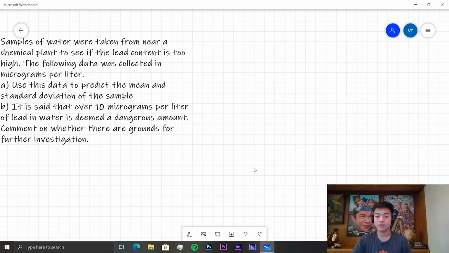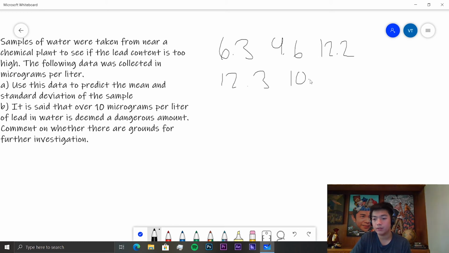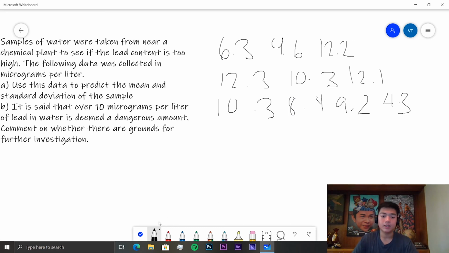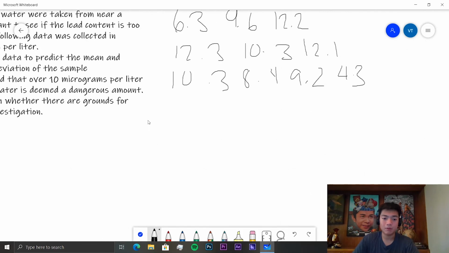So the samples we are given are 6.3, 9.6, 12.2, 12.3, 10.3, 12.1, 10.3, 8.4, 9.2, and 4.3. So these are all the samples. So let's predict the mean. The mean would be the sum of the terms over the number of terms.